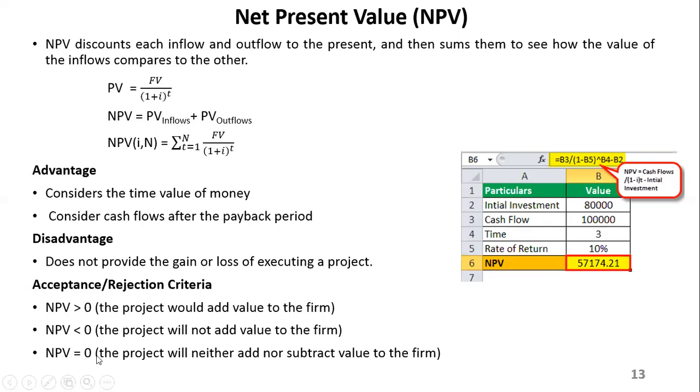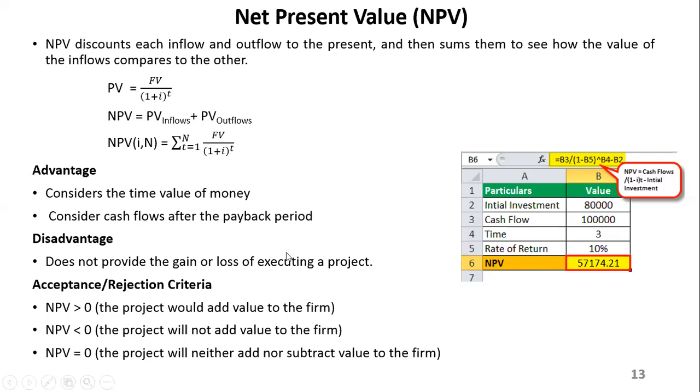What do you mean when you say it does not consider the gain or losses of the execution of the project? I think they were referring to losses and gains when you are executing the project, the costs that you are incurring during the project's execution. It's not really considering that because it's just looking at the lump sum inflows and outflows. Can that be a disadvantage?